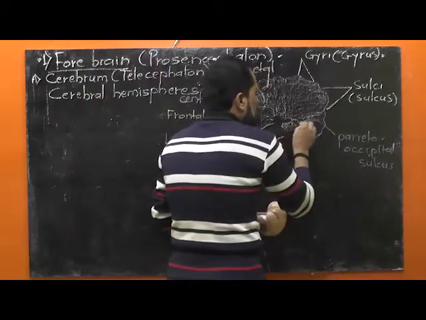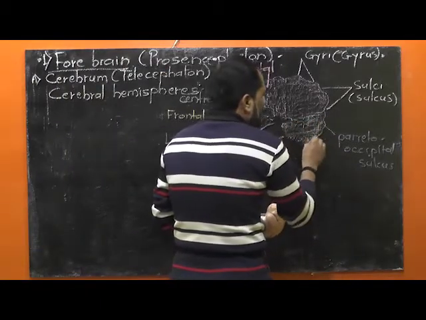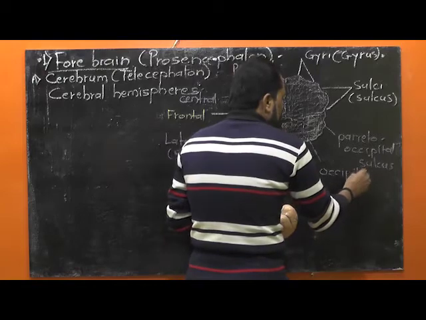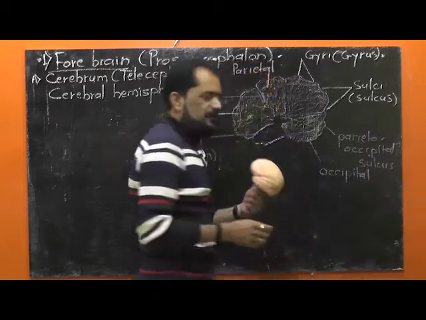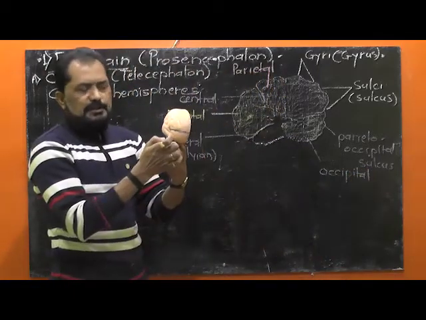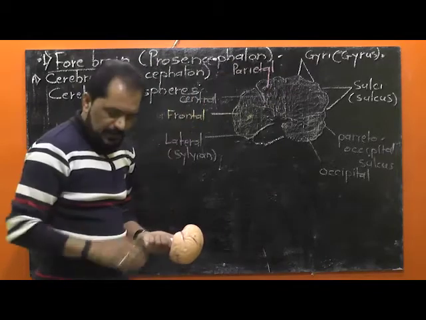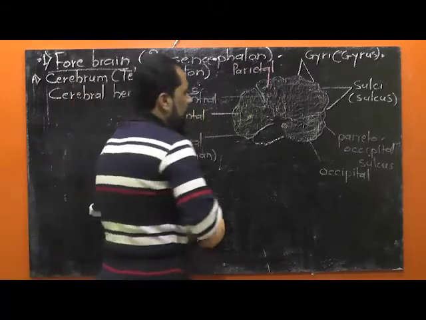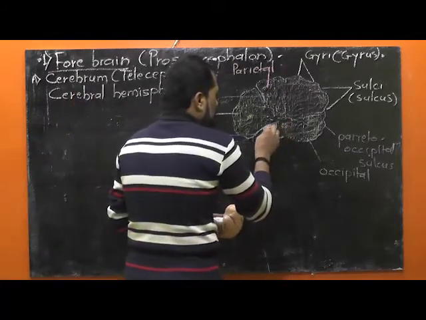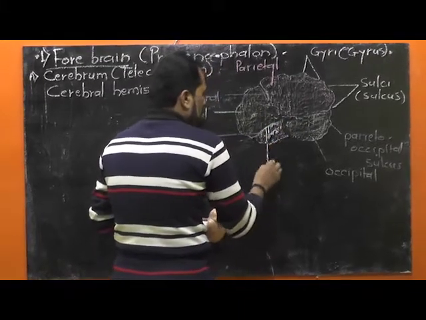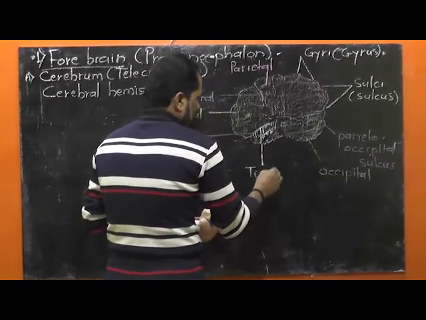Then the occipital lobe is present along the dorsal side. Here in this model this is the occipital lobe, and with the help of white chalk I am going to show here is the temporal lobe, which is present laterally.